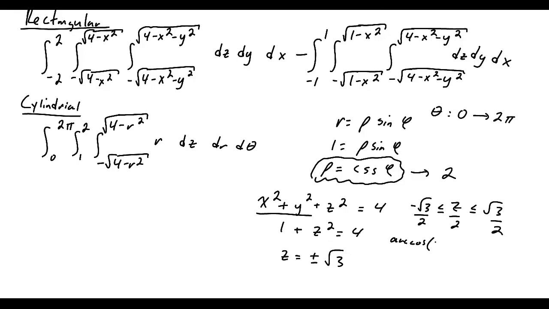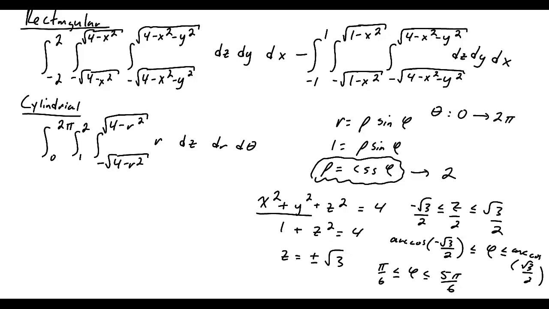The arc cosine of negative square root of 3 divided by 2 is less than or equal to phi is less than or equal to arc cosine of square root of 3 over 2, close parentheses. This gives us bounds for phi of pi over 6 is less than or equal to phi is less than or equal to 5 pi over 6. Those are the two angle values for the intersection.